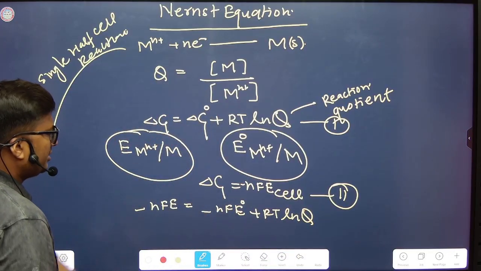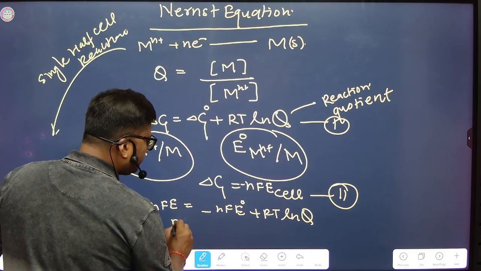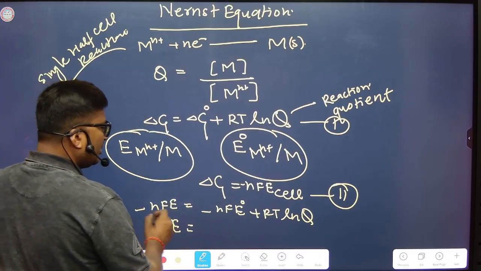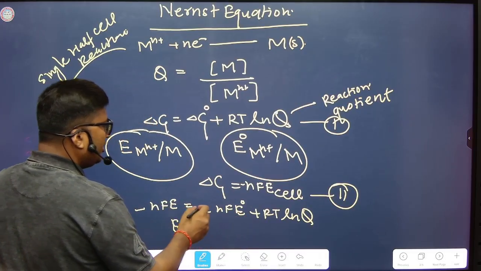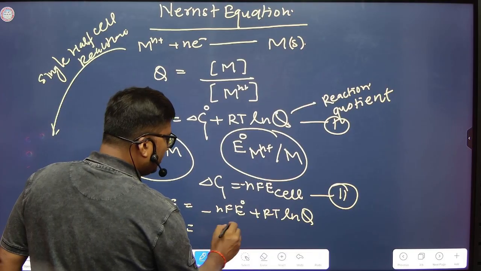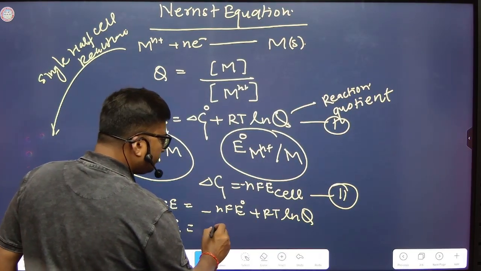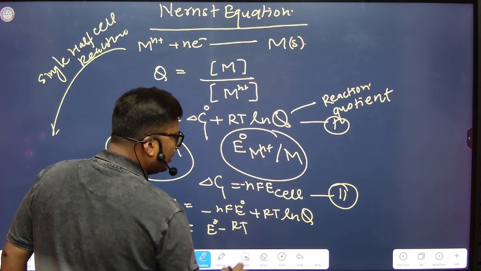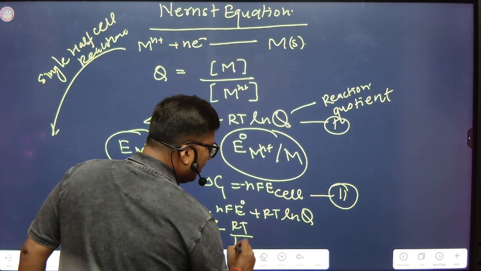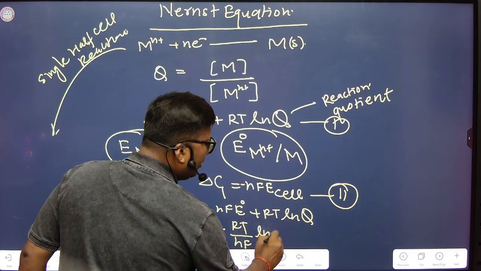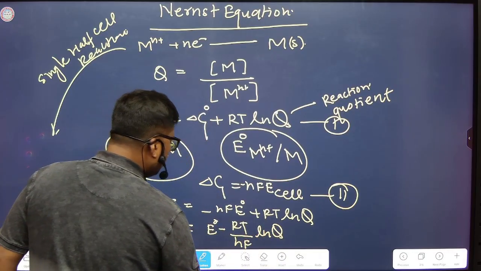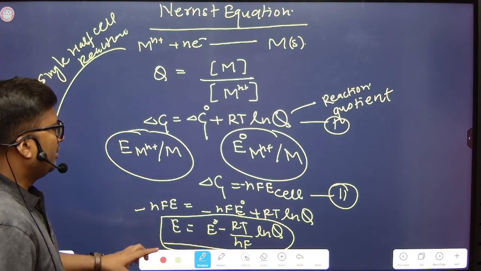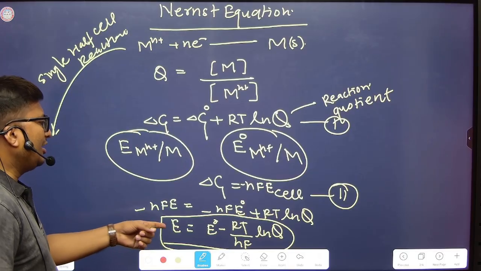So what happens here? E is equal to, we just cancel the minus by taking it out. So that will be E naught minus RT upon nF ln Q, right? So this is the Nernst equation. Nernst equation here means the electrode potential.